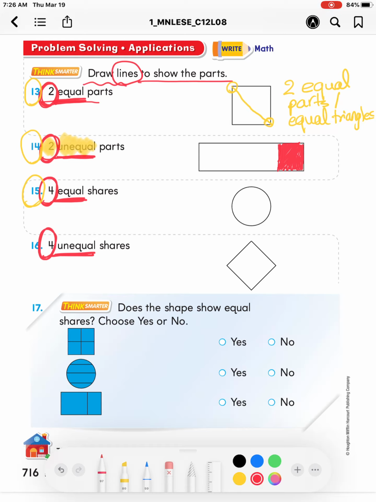How are you going to divide it? You divide it like this? No. I'm sure you would like to divide it like this so you can eat the biggest part. But this is not correct. We are asked to draw four equal shares.